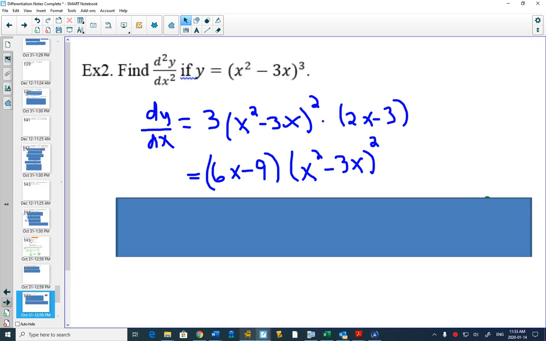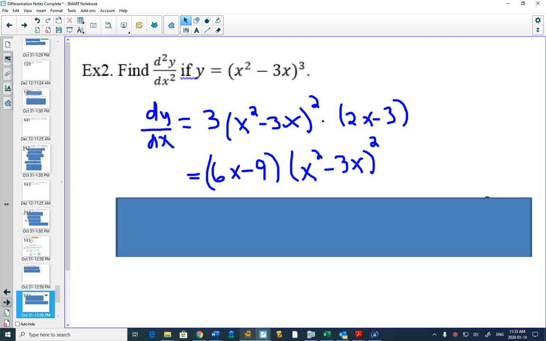So yes, for our first derivative, we needed the chain rule. We had a function inside of another function. What rules do you need for your second derivative? What rules are we going to have to use?